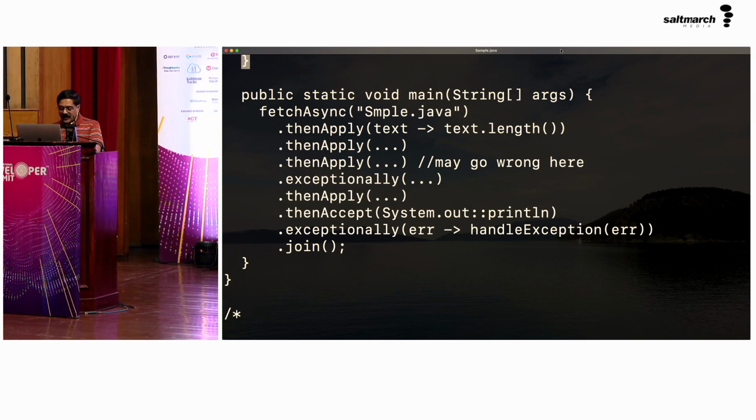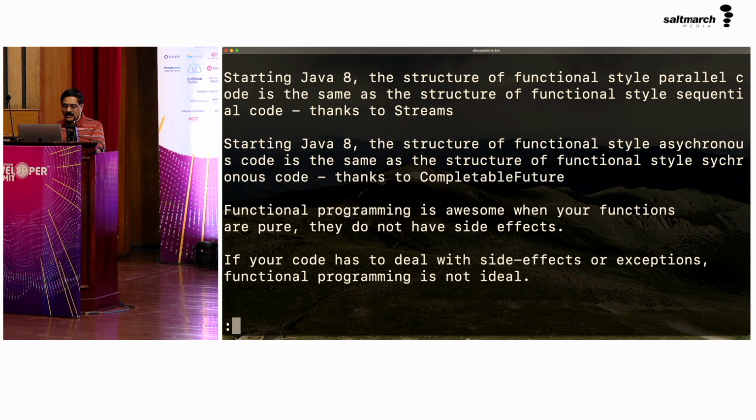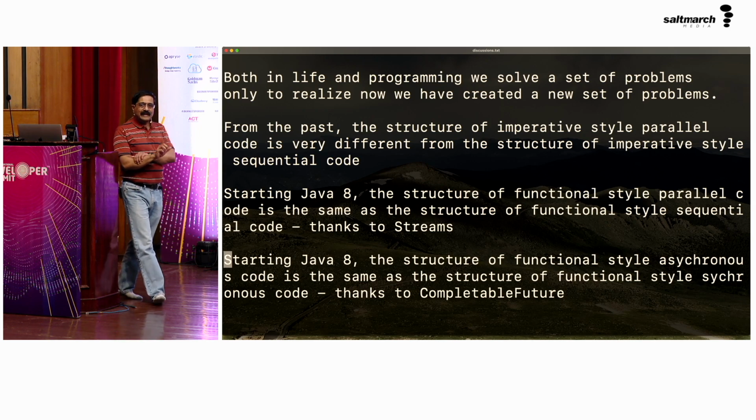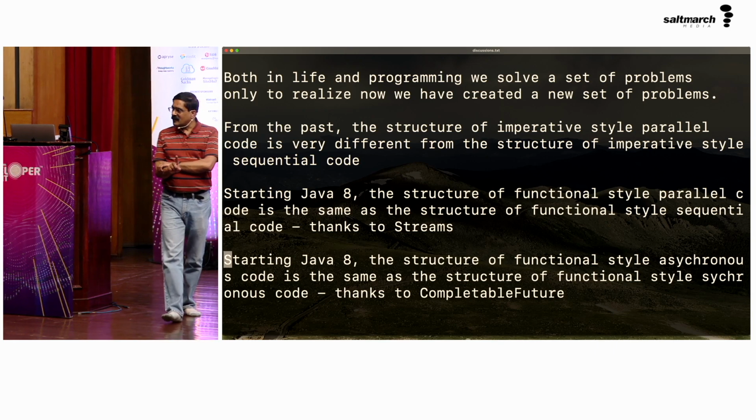But did you notice the unfortunate situation here? If your code is imperative, your code turns into a monster with parallel. If your code is functional style, it looks beautiful when you use parallel. It looks beautiful when you use asynchronous, as long as you don't deal with exceptions.